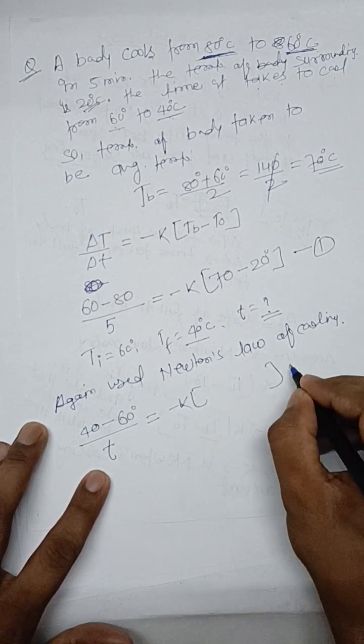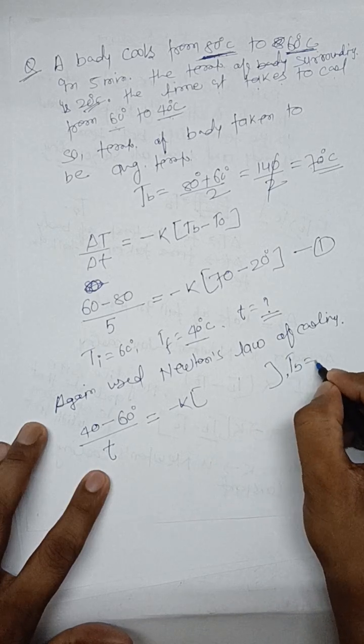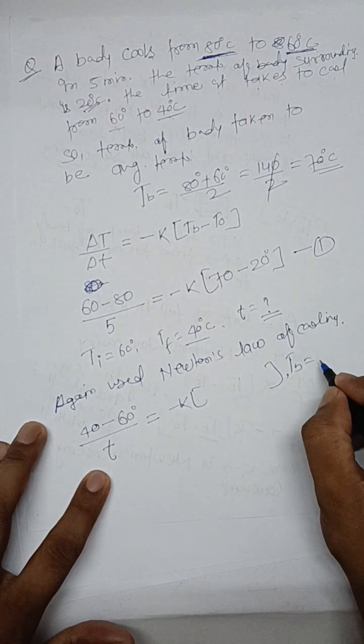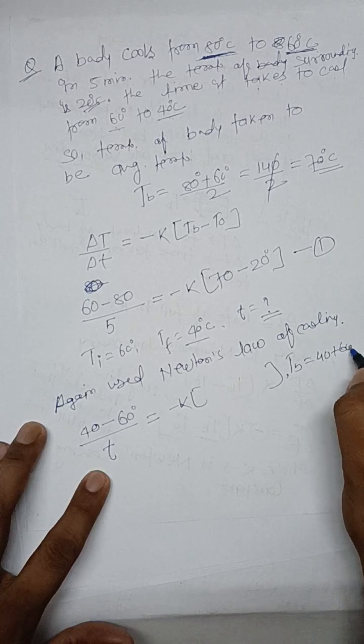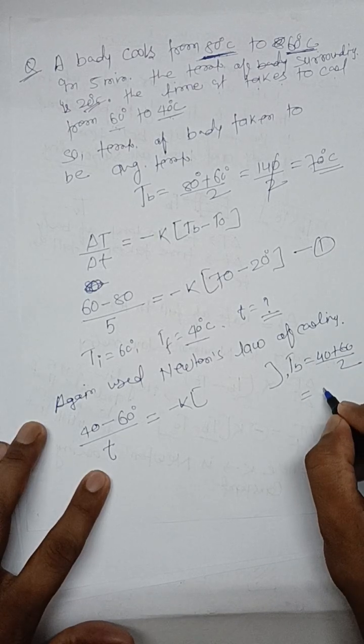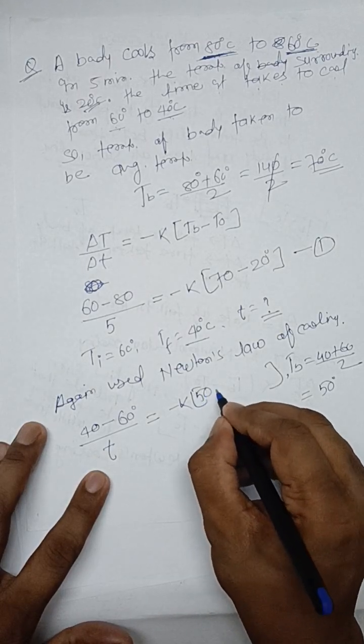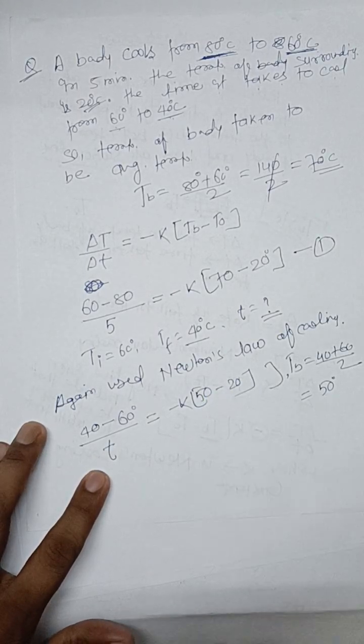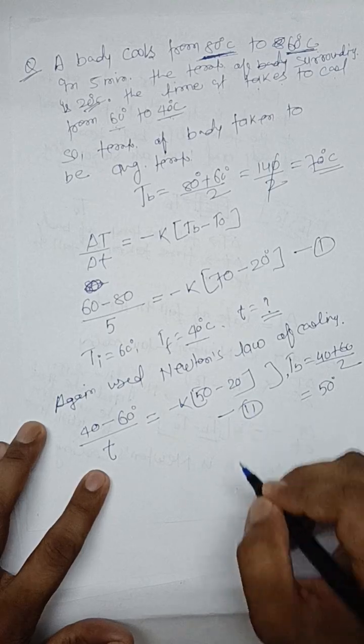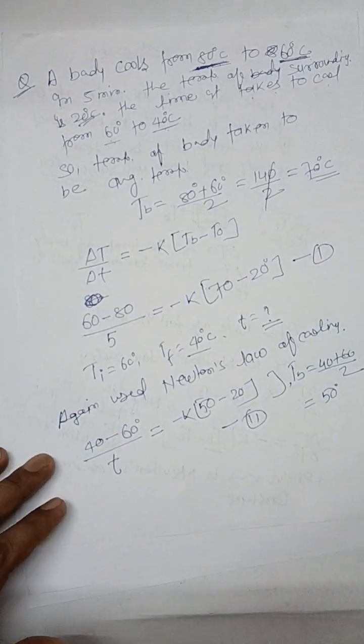The temperature of the body T_b is 40 plus 60 divided by 2, that is 50. So 50 minus 20. This is equation number 2.